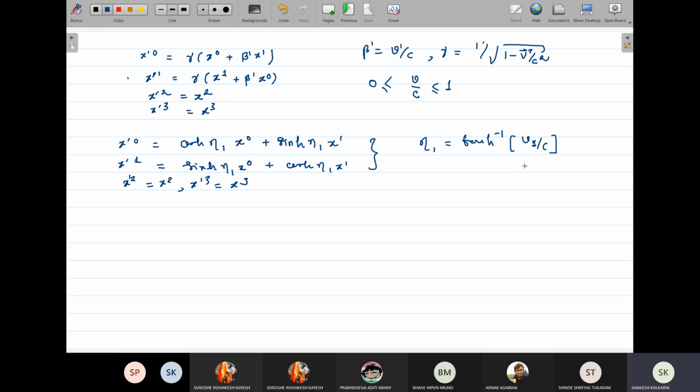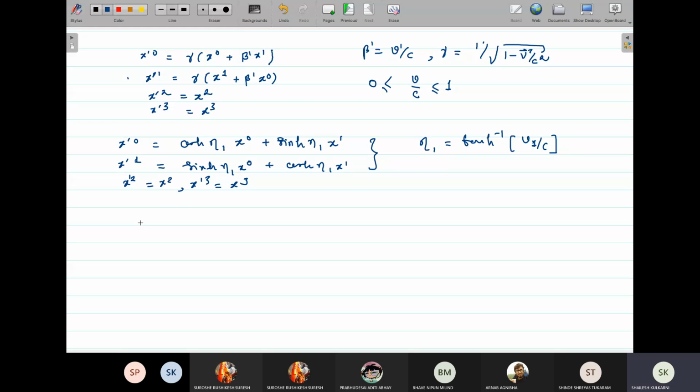But there will be eta 2 also, if you consider the boost along the x2 direction, and similarly eta 3 for a boost along the x3 direction. All those boosts can be written in this form. You can think what kind of hyperbolic rotation I should write for a general Lorentz transformation.